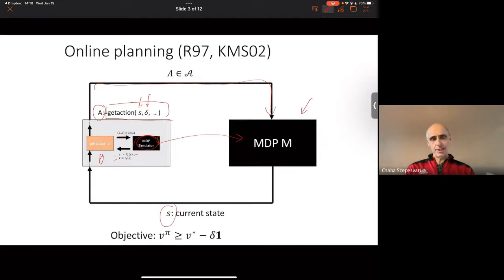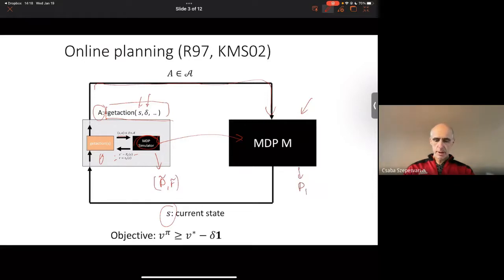If not everything is broken, then the question is, in what way is not everything broken? So there you can say, let's assume that you have this simulator, and that is the real world. In the simulator, you have P tilde and R tilde. So this is what it simulates.